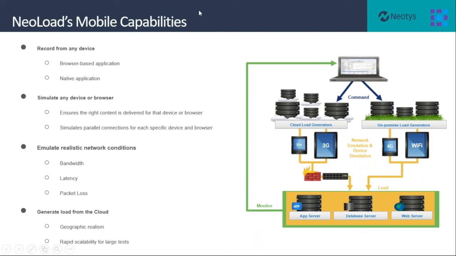So you can simulate the users with different kinds of network conditions. And then, if you want, you can also use the load generator based on the cloud. So we have a cloud platform where you can generate load from there. And of course, like most of the load testing solutions on the market, you have the ability to monitor and retrieve metrics from the infrastructure to understand what's happening.